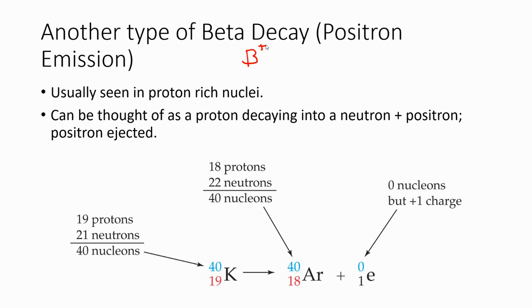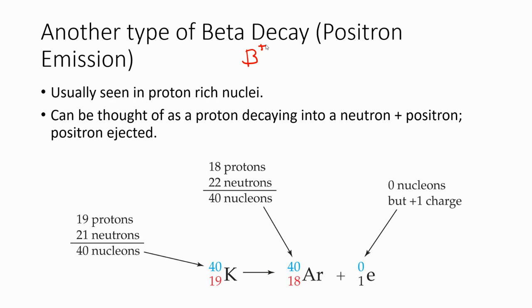This is a type of decay that happens in proton-rich nuclei, where maybe you have too many protons compared to your number of neutrons. That being said, let me remind you that in almost all nuclei, the neutrons are going to outnumber the protons, except in very light elements. So what goes on here?